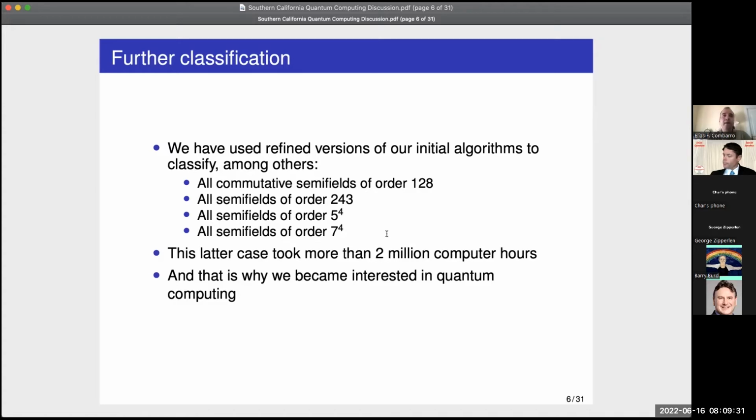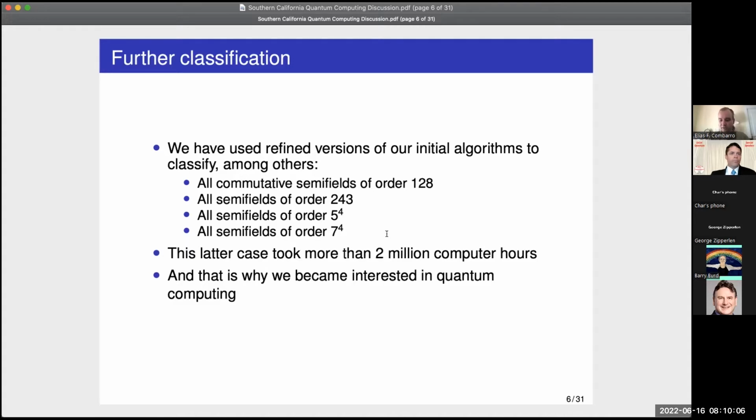And then, kind of joking, we thought, well, maybe when we have quantum computers, we can try to do this classification for higher orders. This was back in maybe 2011 or 2012. And then a few years later, we realized that quantum computers were starting to be something more than just prototypes, and you could use these IBM quantum computers on the cloud.